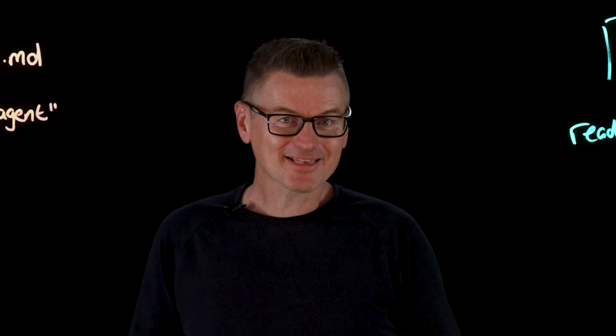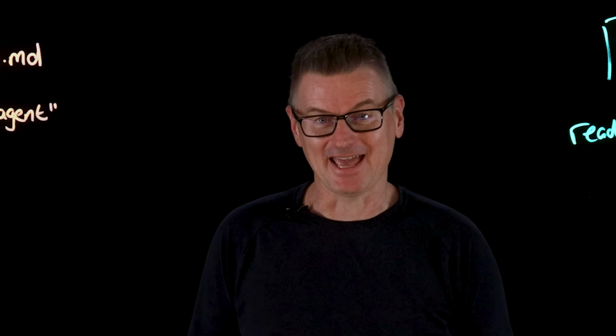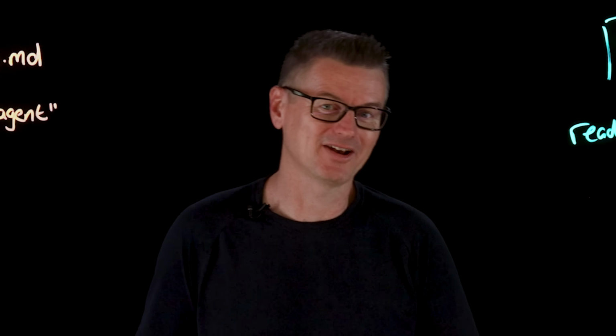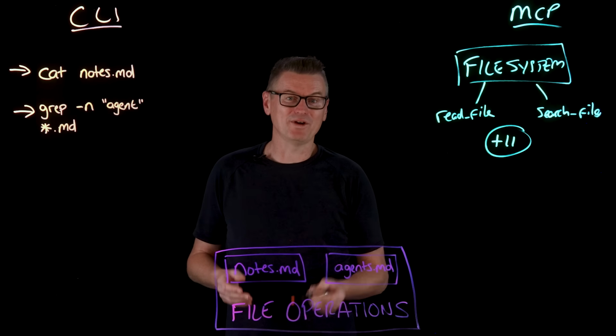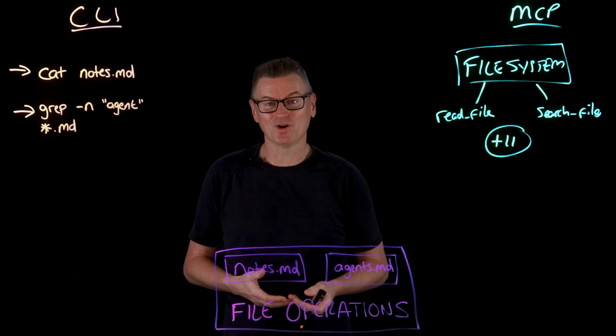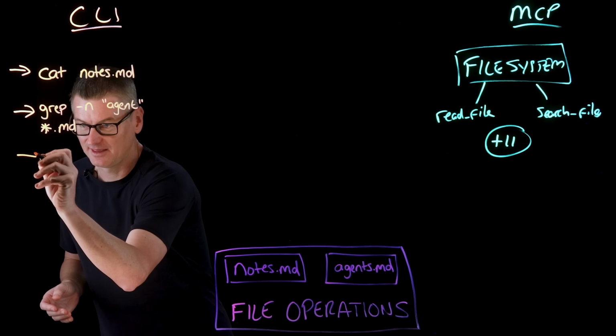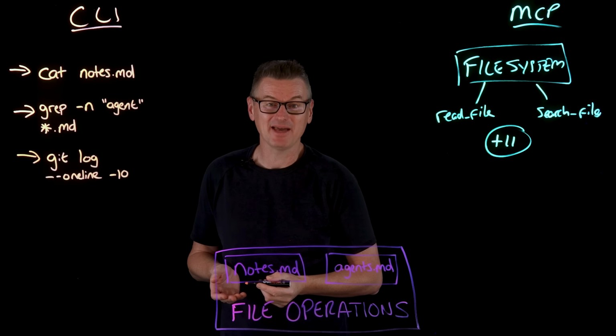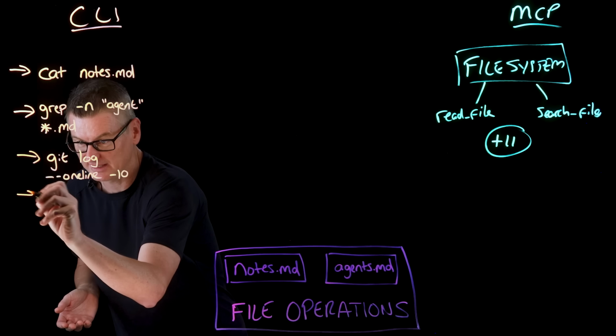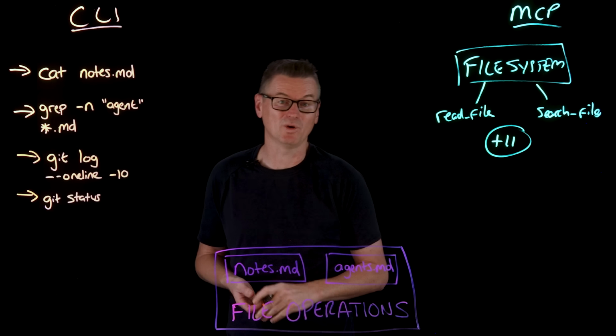So let's think about something else. Let's think about Git, which is one of the most widely used developer tools on the planet. An AI agent with Bash can run a bunch of Git commands, like this command here to show the last 10 commits, and it could run a git status command to check the working tree.